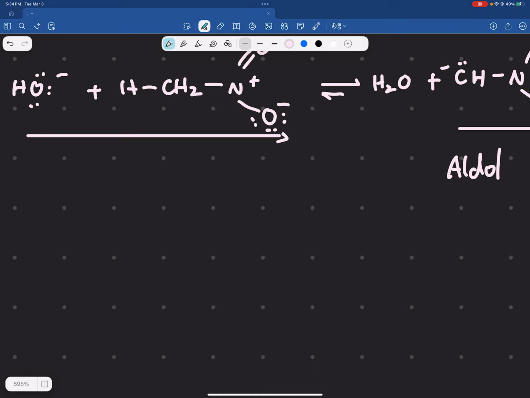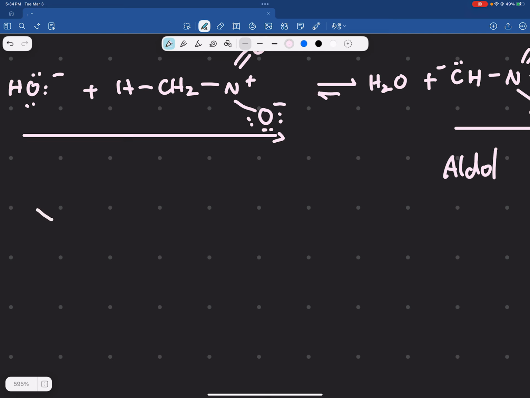There can also be intramolecular aldol reactions. Intramolecular aldol reactions are very useful for the formation of 5 or 6 membered rings. So if we have, for example, this compound, it's 1, 2, 3, 4, 5, 6, 7, 8 carbons.